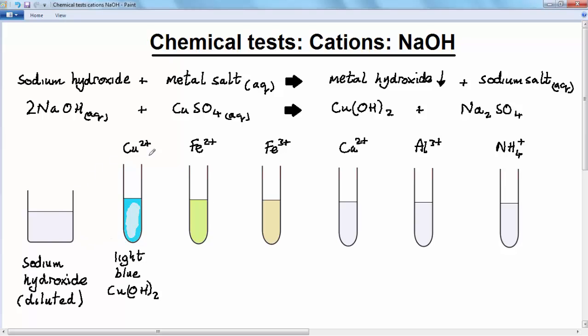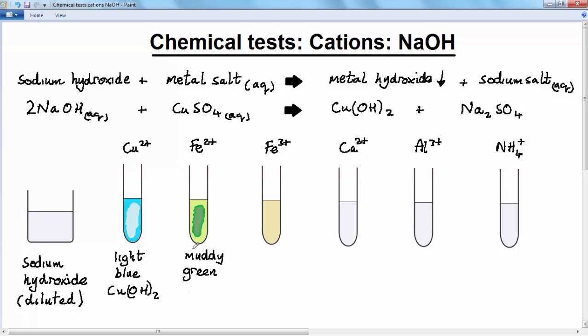Now, when the sodium hydroxide is added to the Fe2+ solution, we get a darker green precipitate. It's normally classed as muddy green, a sort of almost greeny browny colour. Sludgy green is also used to describe this precipitate.